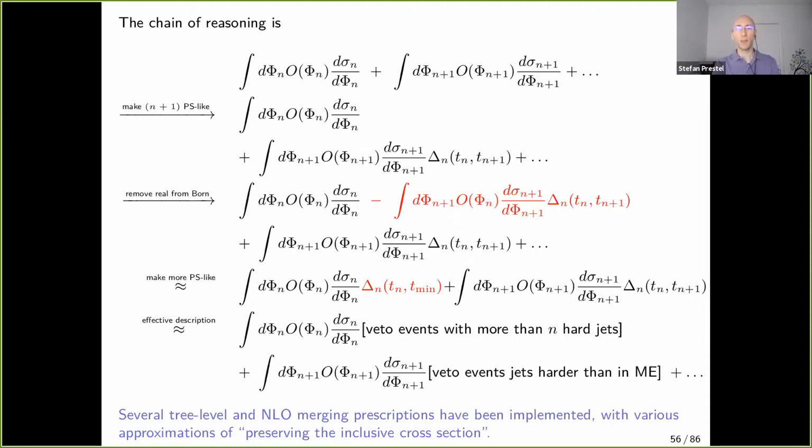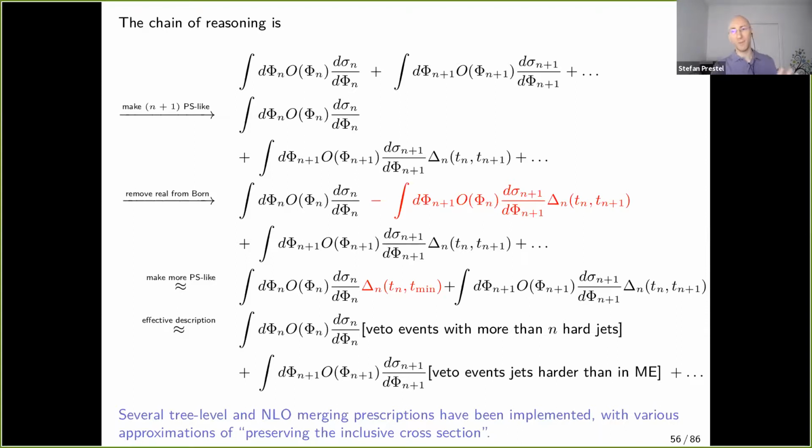To preserve the rate for these types of inclusive observables, what you do is effectively you add real emission corrections and you subtract them as virtual corrections in order to preserve the cross-section.